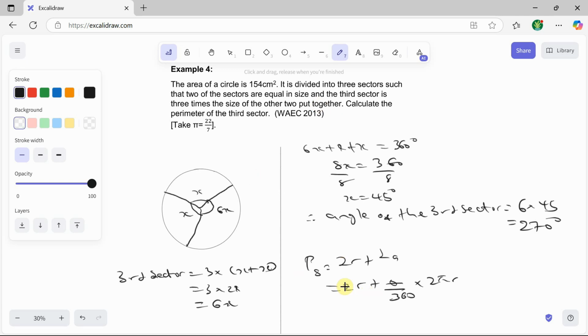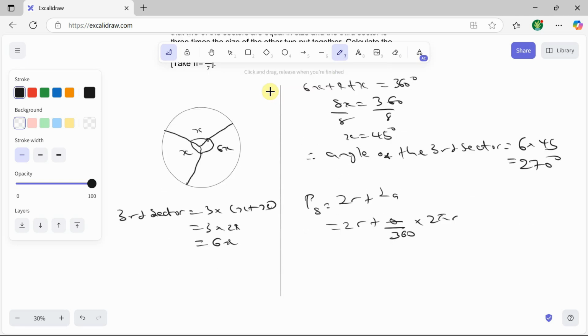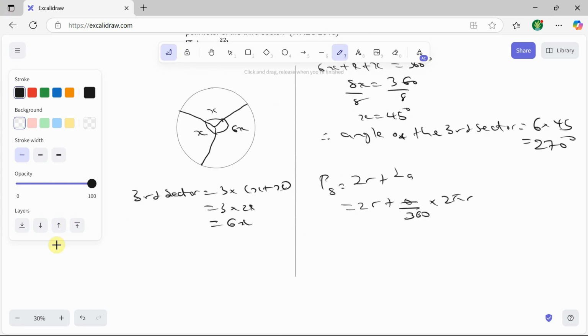We have to find the r, but we're told that the area of the circle is 154 centimeters squared. So from that information we can find r. If area is 154 centimeters squared, which is equal to pi r squared, so 154 is equal to 22 over 7 r squared. If I cross multiply, r squared is equal to 154 multiplied by 7 over 22.